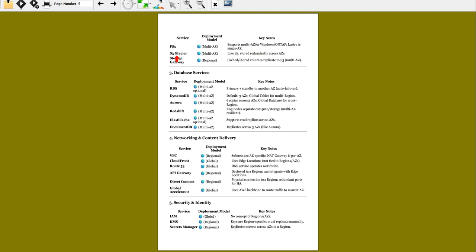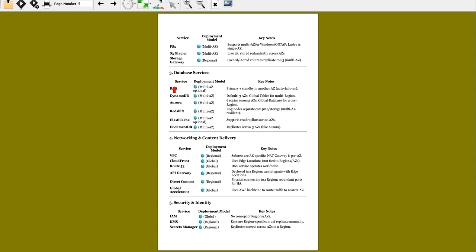Glacier, S3 archive, is multi-availability zone like S3, stored redundantly across availability zones. Storage Gateway is regional; cached stored volumes are replicated to S3 multi-availability zone. So Storage Gateway's cached stored volumes are replicated to an S3 bucket, right?